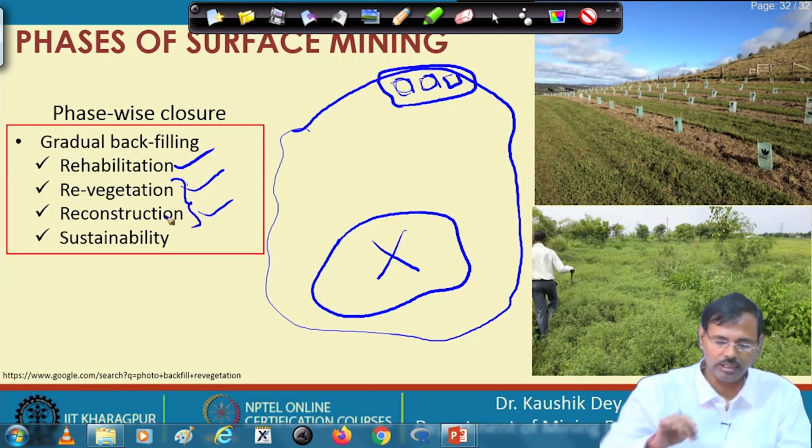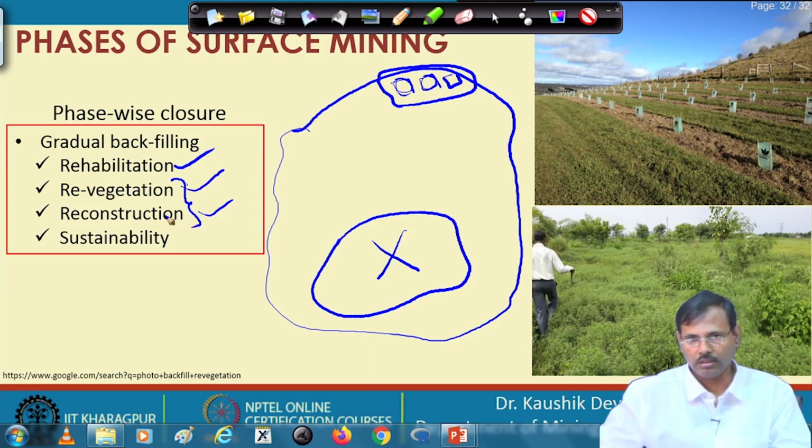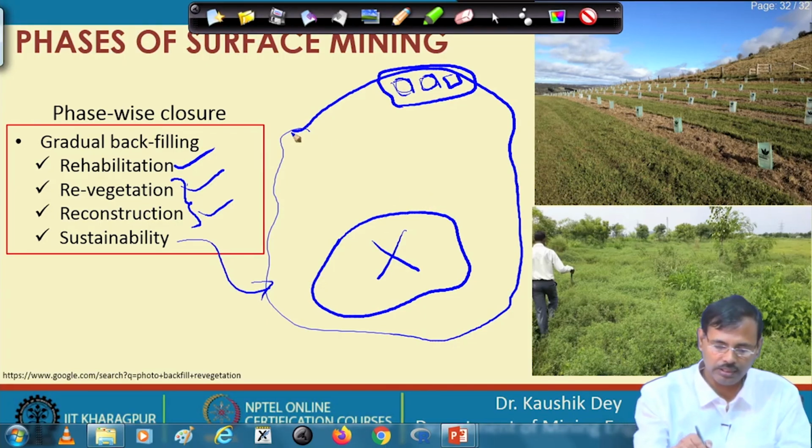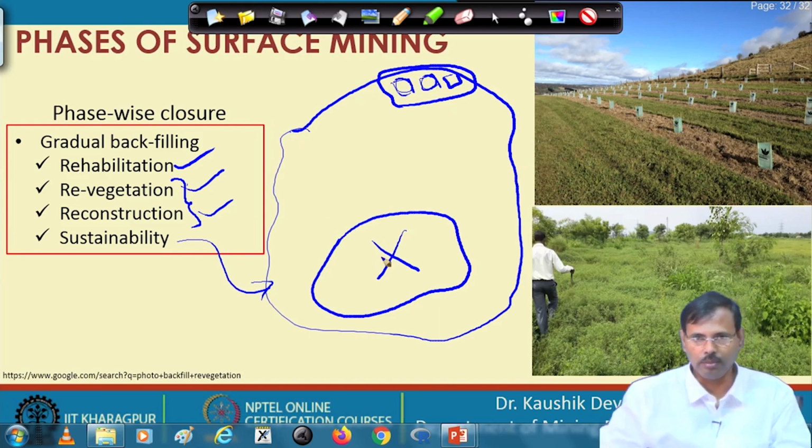All these are required to be carried out at this place, and finally, the requirement is sustainability. That means we have to develop an ecosystem in this area that can be self sustained, that will not create any environmental hazard or safety hazard, and that will be fruitful to the society.